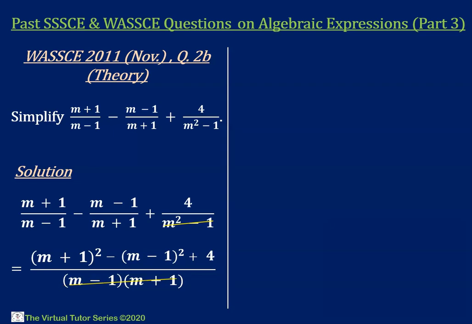Let's now simplify the numerators. The perfect squares can be expanded by squaring the first terms, multiplying 2 by the product of the first and second terms, and squaring the second terms.